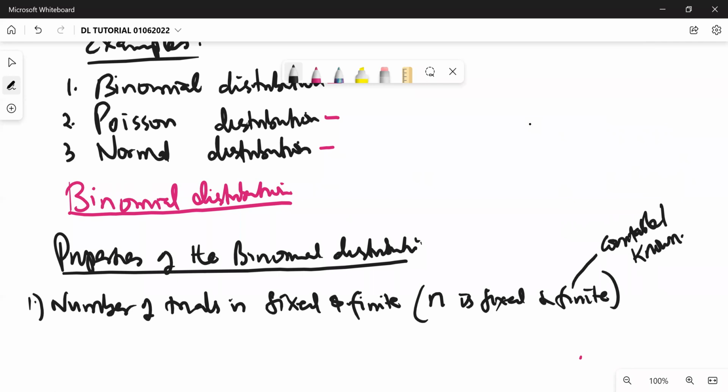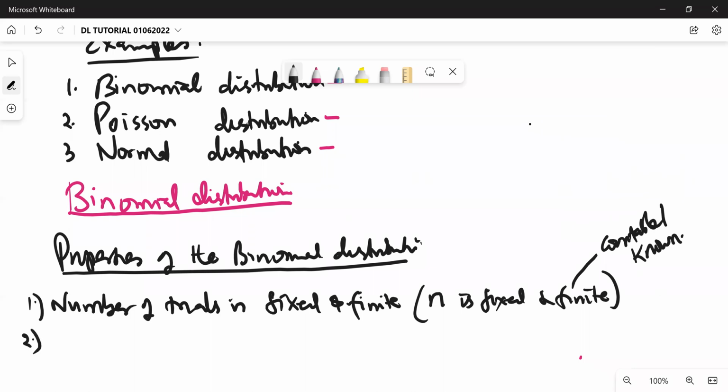Then you record whether you are getting a head or a tail. If you are inspecting the quality of goods produced, you may decide to pick a sample of 10 items, then you check out of the 10 which ones are defective and which ones are not defective. So n is always known and is fixed.